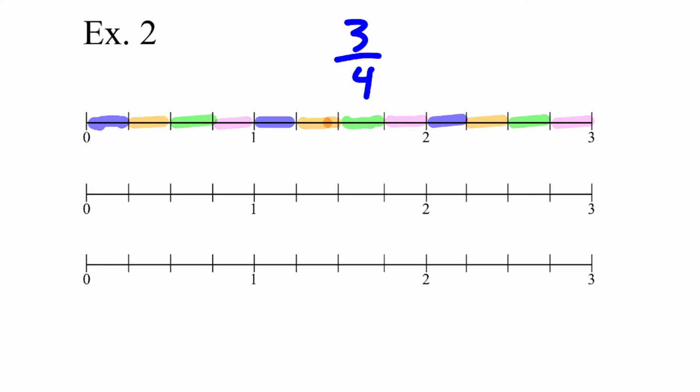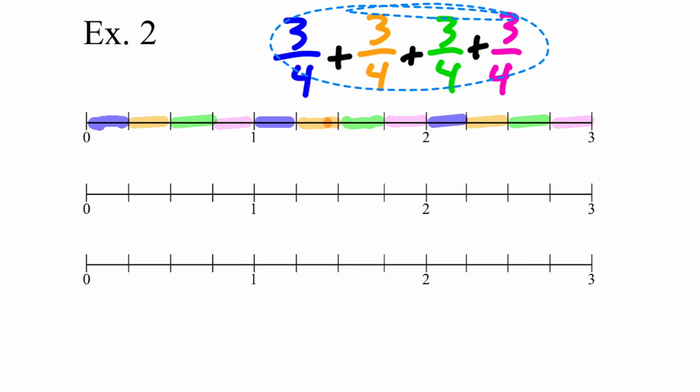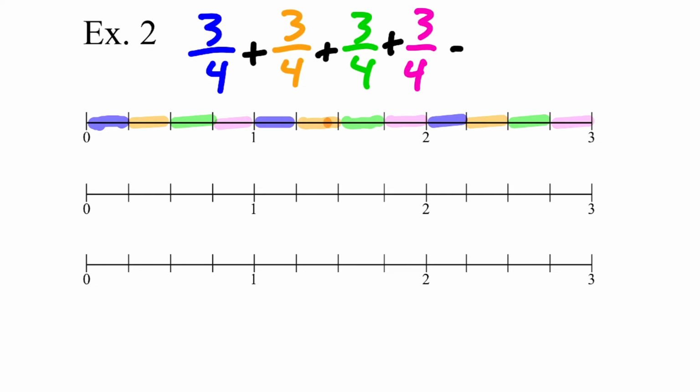And orange ran 3 quarters, green ran 3 quarters, and pink ran 3 quarters. If we add them all together, 3 plus 3 plus 3 plus 3 is 12/4, which is equal to 3. Oh, that's right, they ran a total of 3 miles. So that's one way that you could break it down.